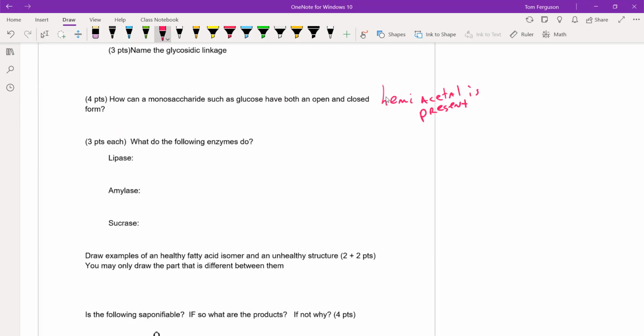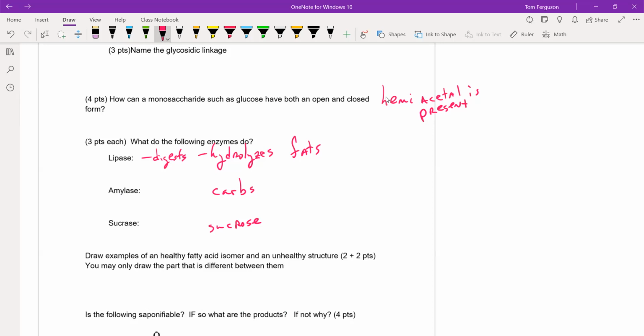Okay, lipase digests or hydrolyzes fats. Carbs, and specifically sucrose.